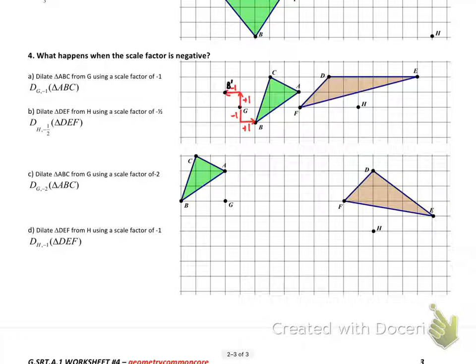And all the others work the same way. So for C, to get to C from my center of dilation, I'm going up 2, right 2. A scale factor of -1 would tell me to do the same distances the opposite direction. Instead of up 2, right 2, I'm going to go down 2, left 2. So is this making sense? You can see it doesn't make it super difficult compared to your other dilations.